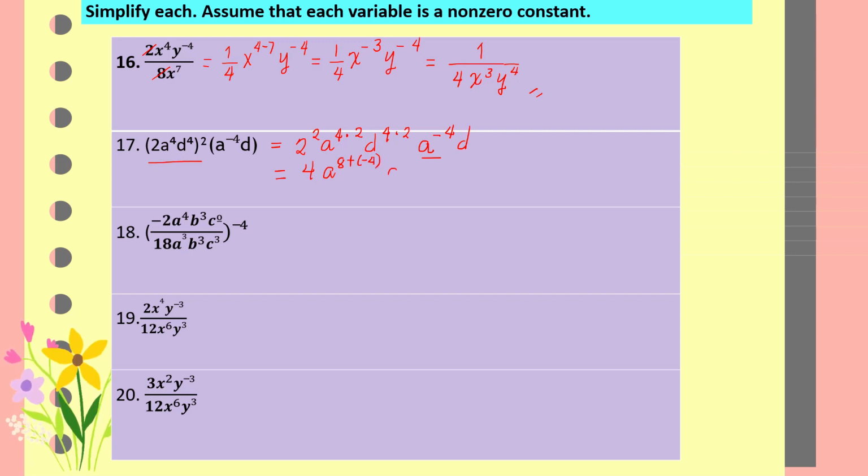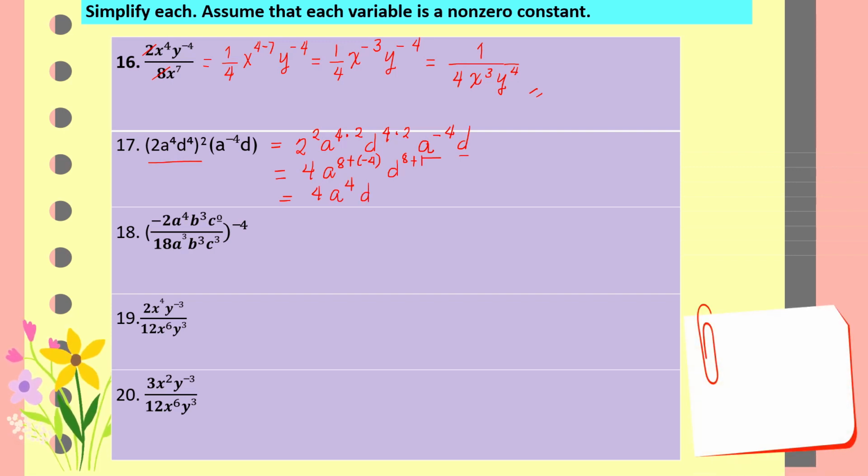And then for letter d, we have 4 times 2 is 8, and then we have another d that has one exponent, so we will have 1. So simplify, this will become 4a raised to the 4th power and d raised to the 9th power. So this is the answer for number 17.